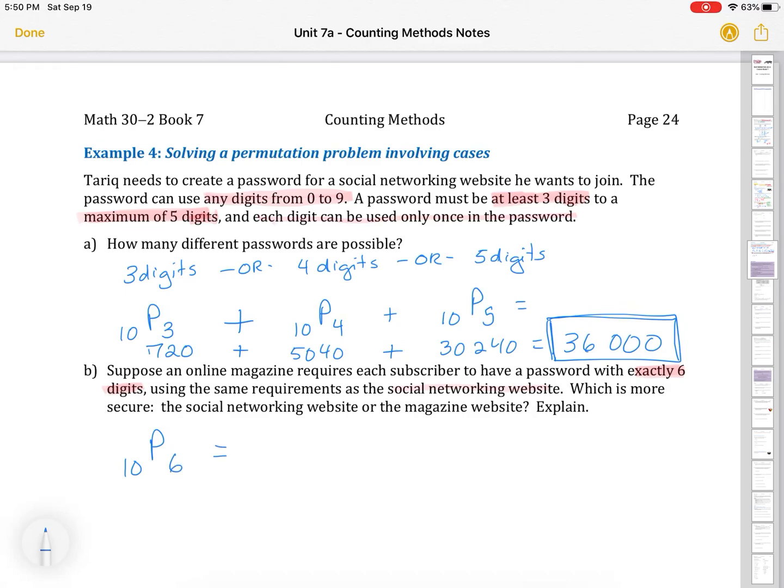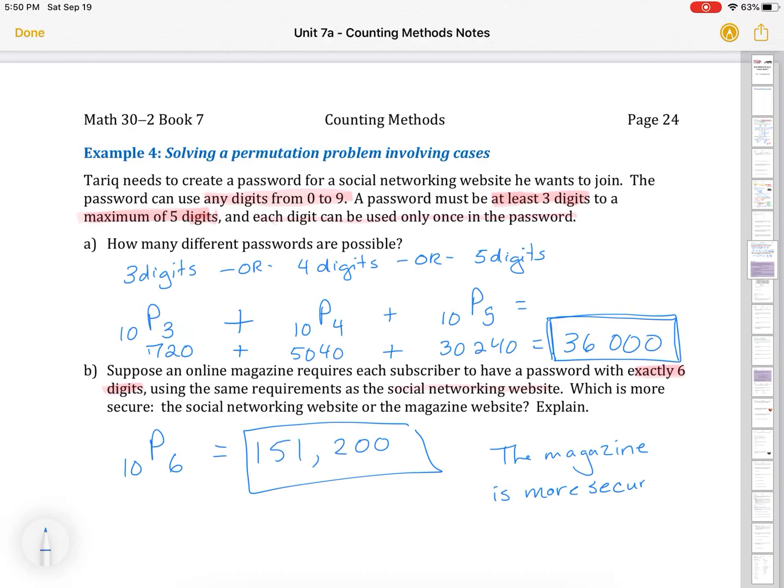For the magazine, it's going to be 10P6. So let's figure out what that is using our calculator. So 10, put in math, PRB, pick 2, and then 6. And we're going to get, so which one's more secure? The magazine. It goes up so much more.